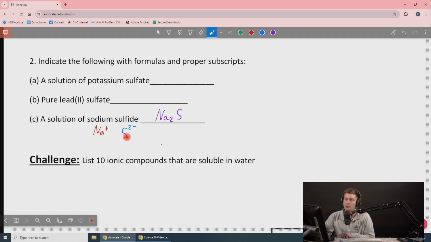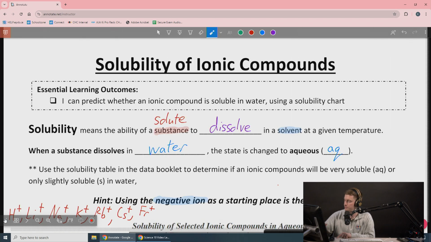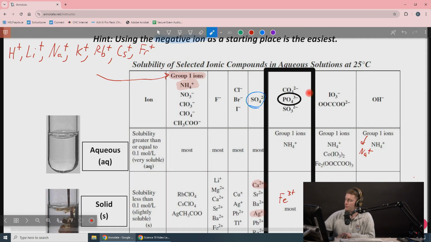Let's look at the table and see if we can find sulfide as one of our anions. Looking across the top, we have sulfate, we have sulfite, but we do not have sulfide, or S2-. In this situation, it's actually the cation that allows us to determine the solubility, because this first column here has group 1 ions, including sodium.